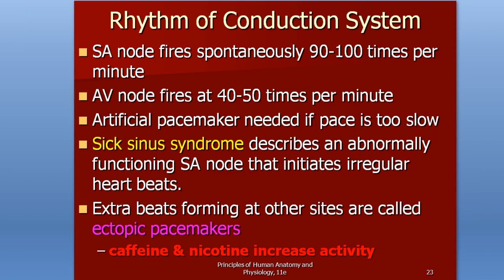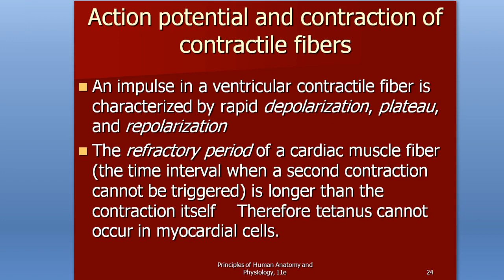Now, the action potentials of a heart are really almost the same as the action potentials of your skeletal muscle. It does say that an impulse through the heart has something called a plateau.